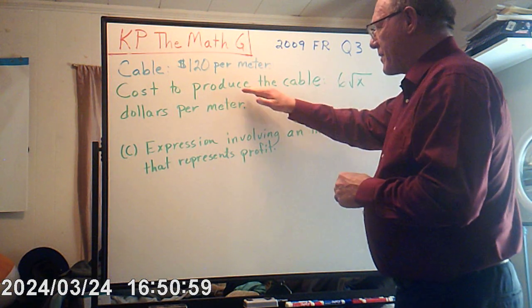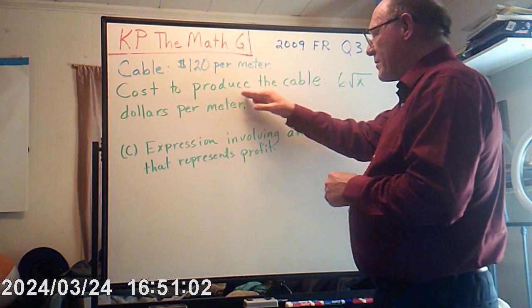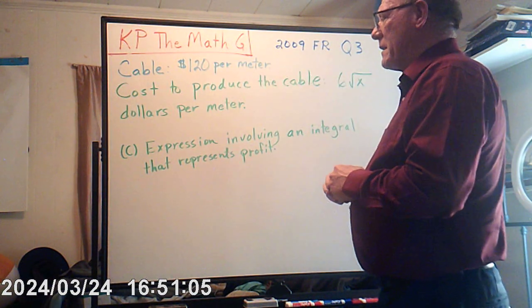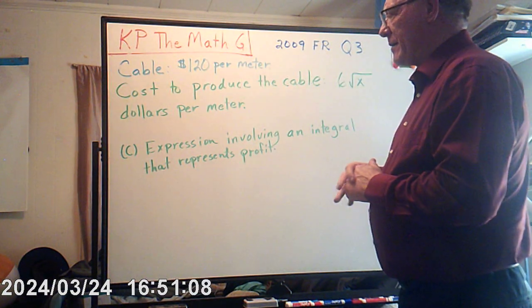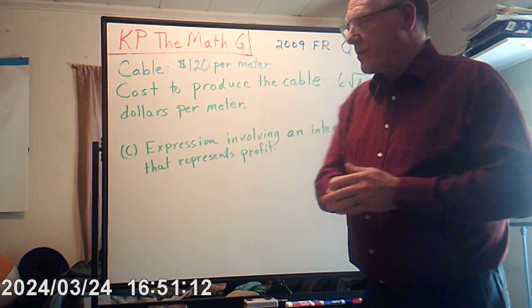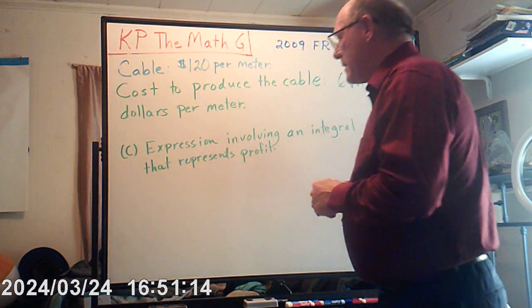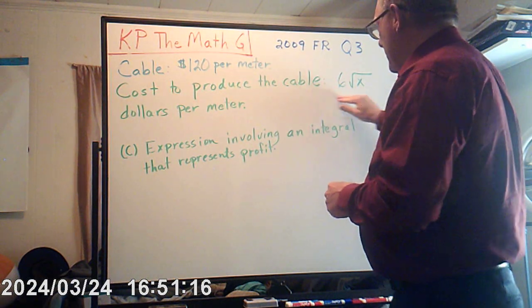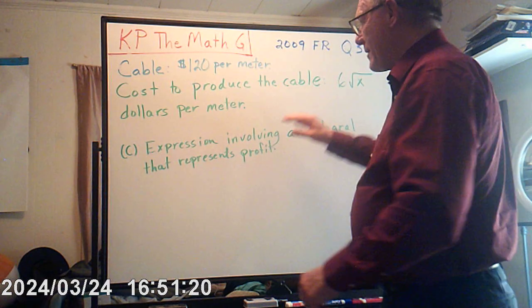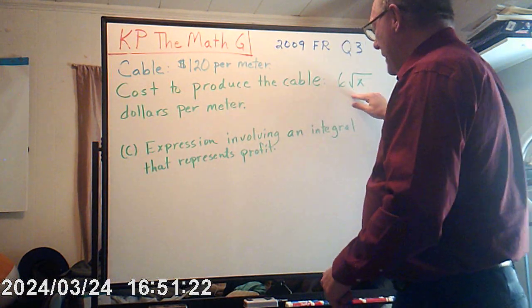This is to create the cable, or produce the cable. And of course, this is a business wanting to buy, and this is what they are charging to sell the cable, so they buy this from, we might want to say the middleman, or whoever it is that produces the cable.